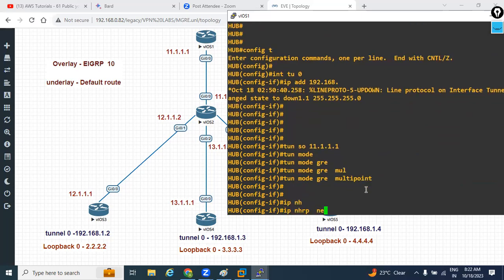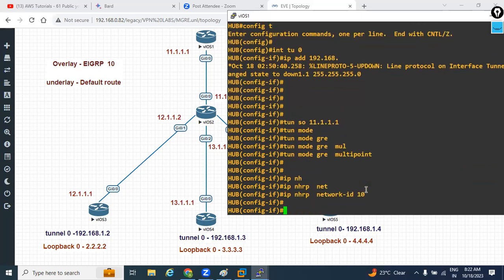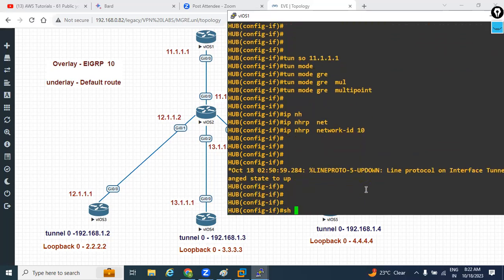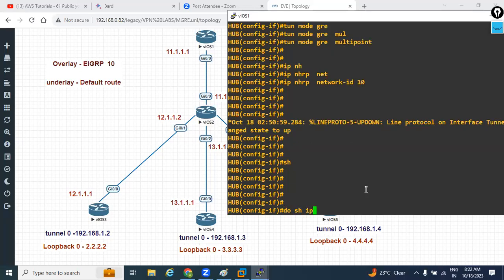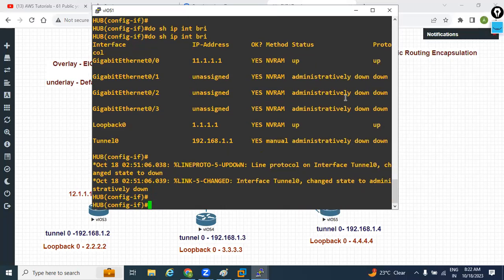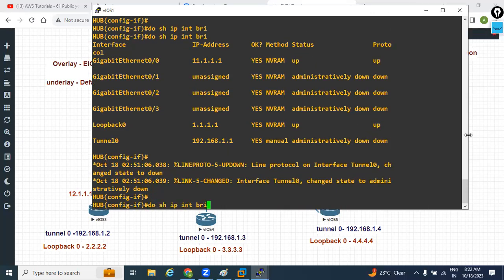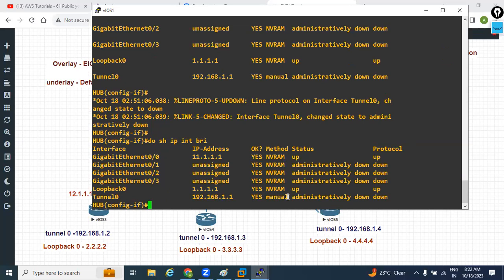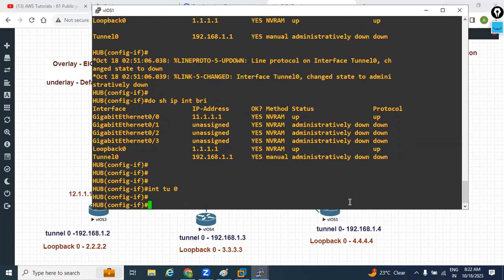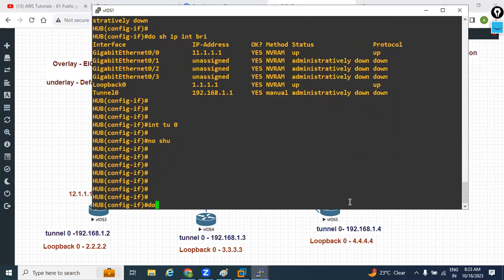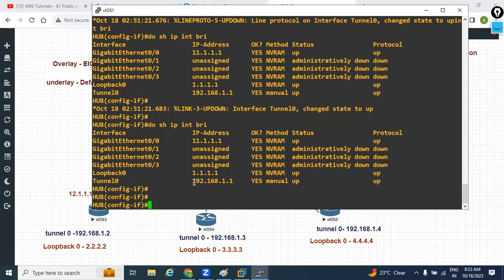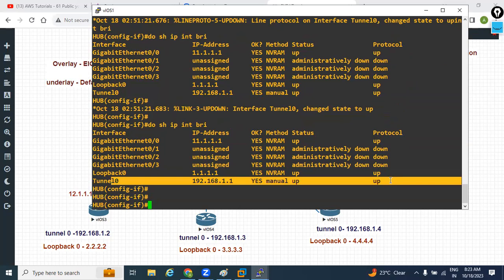After that, IP NHRP network ID, I'll use 10. That's it. Now show IP interface brief. Is the tunnel interface up or not?